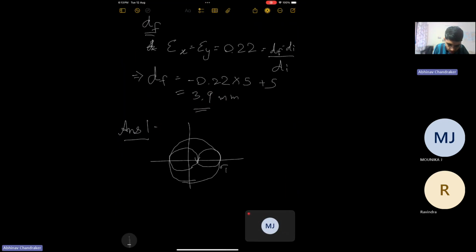So sigma 1, sigma 2 in between, and sigma 3 the lowest. These are the principal stresses. Similarly, we'll have tau 1 the highest, then tau 2 and tau 3. So we have the sigma values and the tau values.